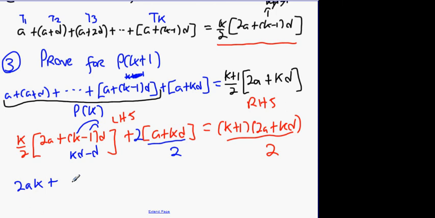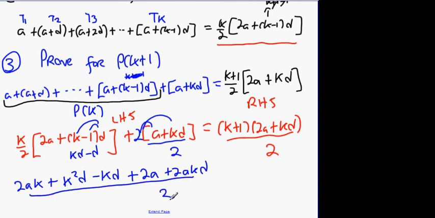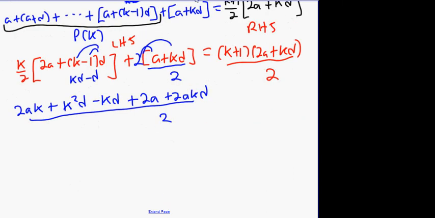Then multiply that by k, and we get k squared d minus kd, plus 2a, plus 2akd, all over 2. Now, what's going to happen is they're going to interact, and we're going to have 2ak plus k squared d.